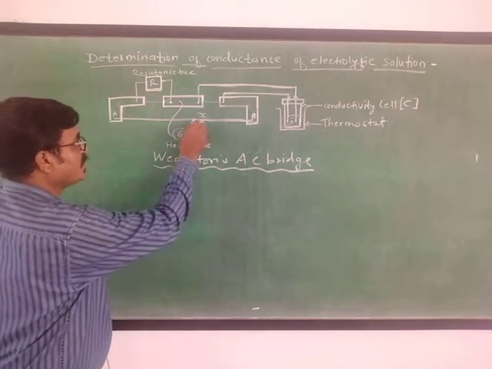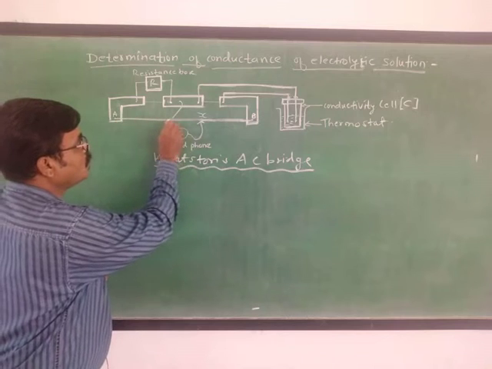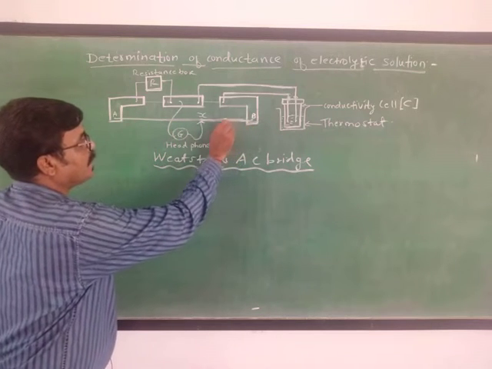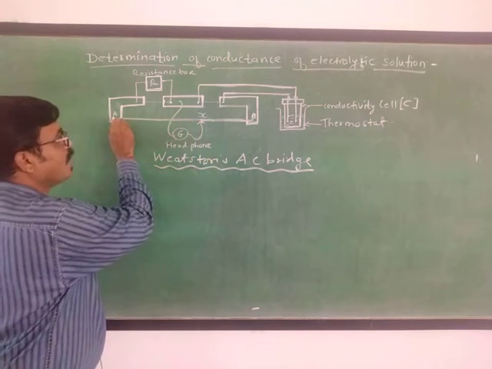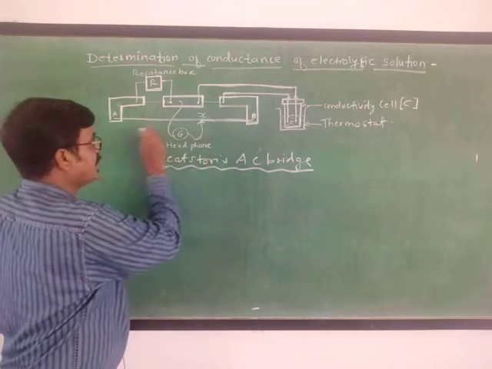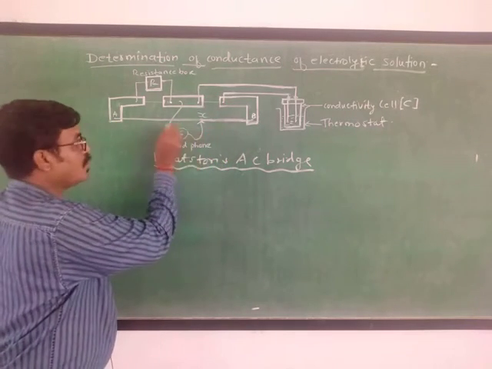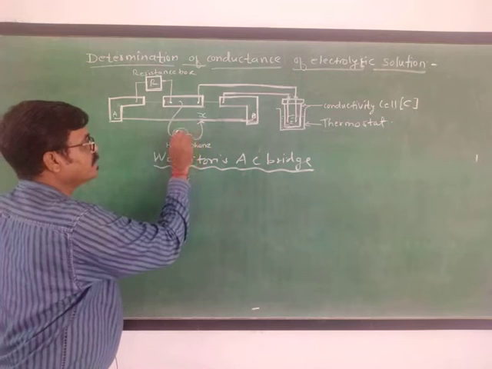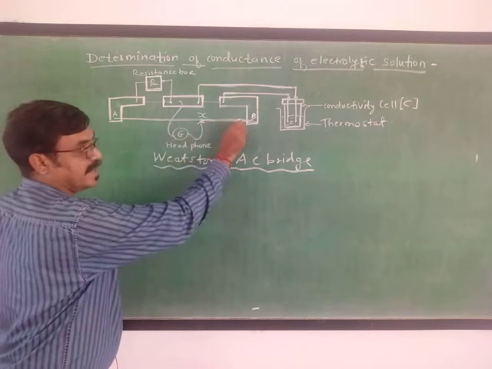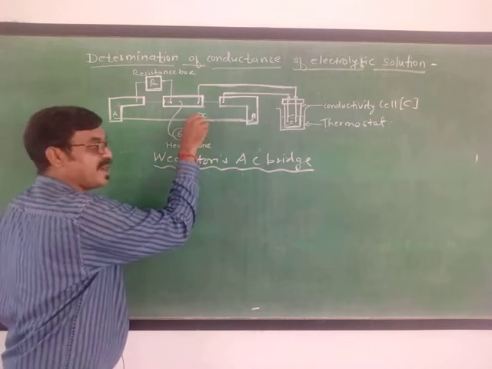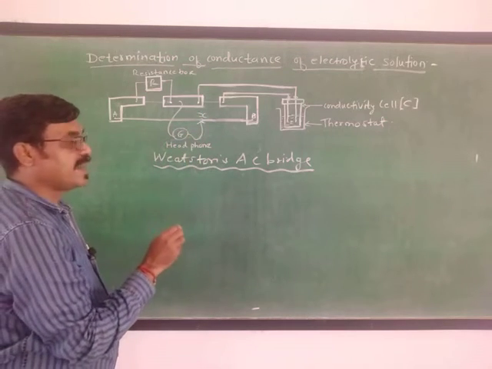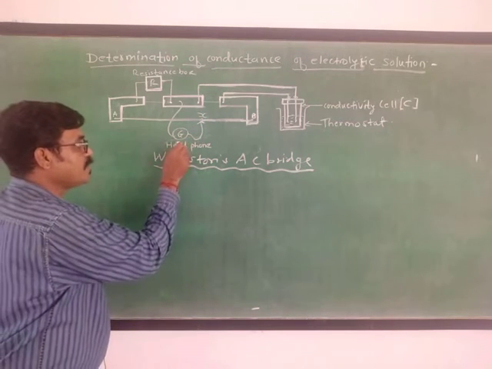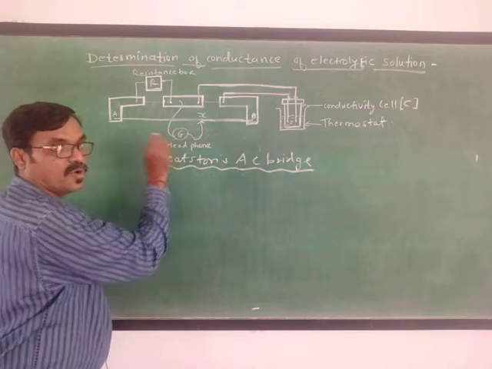Actually this jockey is allowed to pass over this uniform wire AB. On this uniform wire AB, this jockey is allowed to slide, and you will get the point X in such a way that there is a minimum sound in this headphone.